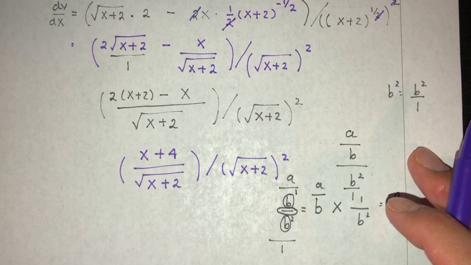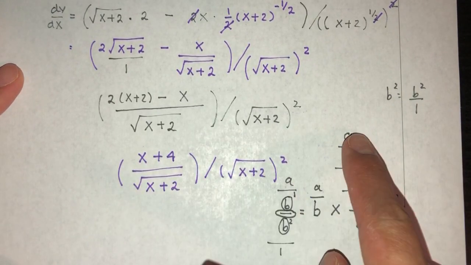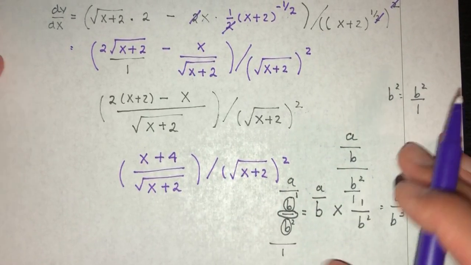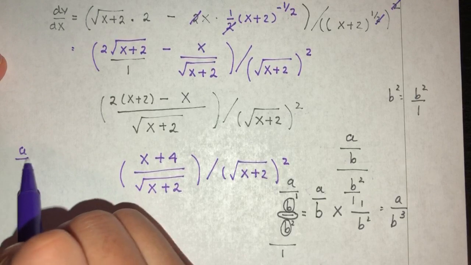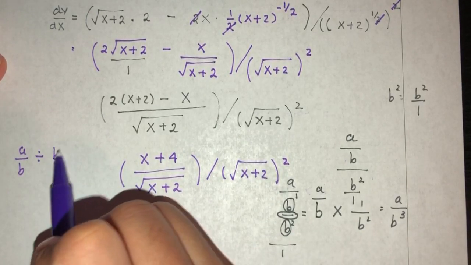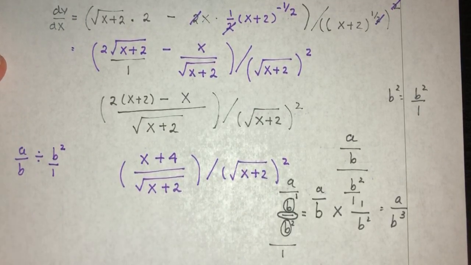So let me write this down again, because that was kind of confusing here. For example, I call this a, I call this b, this will be b squared. So right now, for example, we have a over b divided by b squared. As you guys know, whenever we have division for fraction, we don't like to divide, we'll have to change the divide sign to multiply.